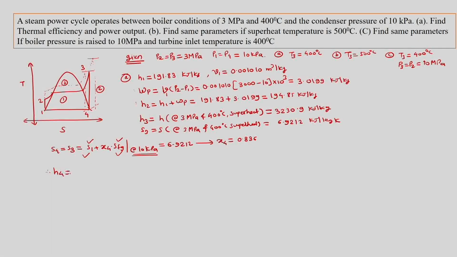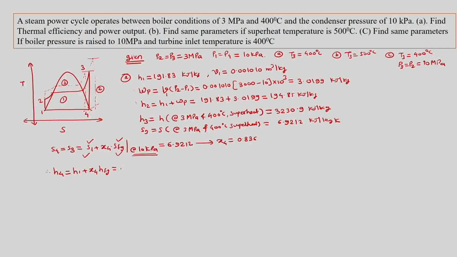So we have H4 is equal to H1 plus X4 into HFG. This helps us find the enthalpy, which is 2192.27 kilojoule per kg. So we now have everything, H4, H3, H2, H1. All corners are known for example number 1.